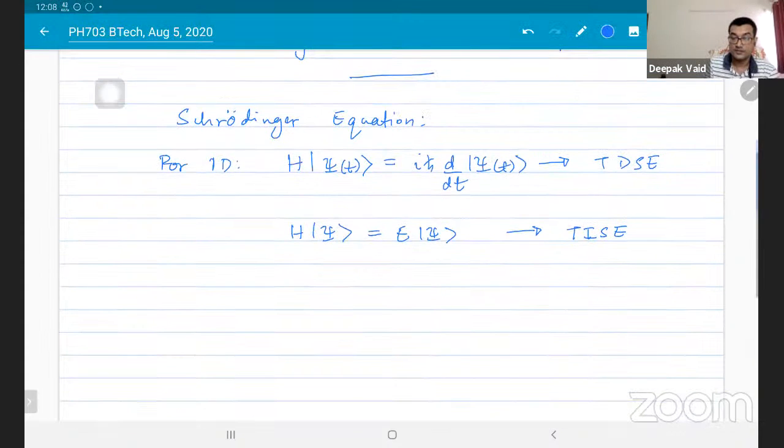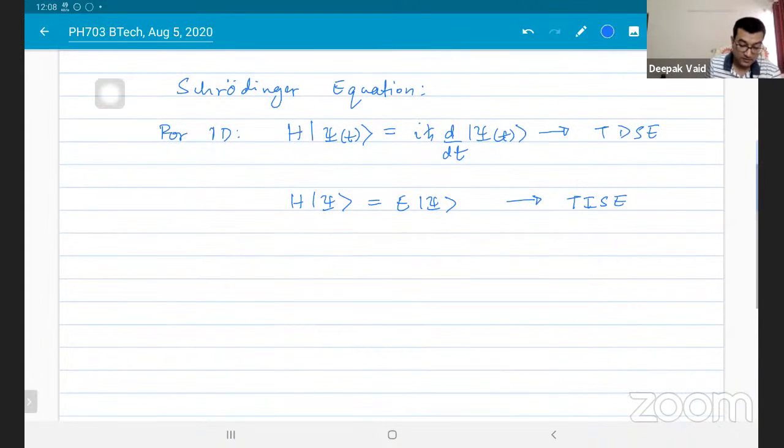So this is the time-independent Schrodinger equation. Now, what is this H? This H is the Hamiltonian, right?